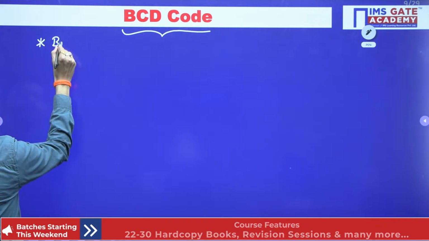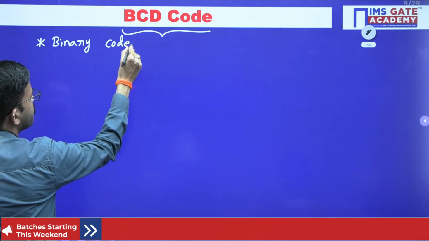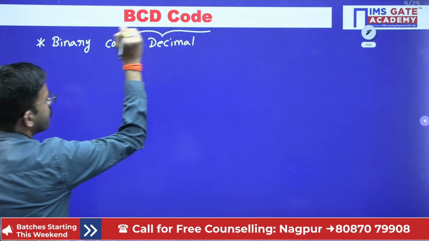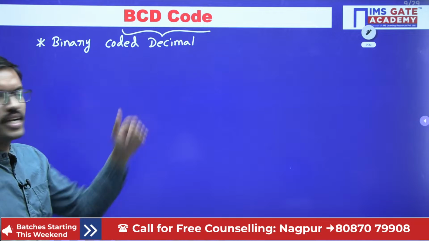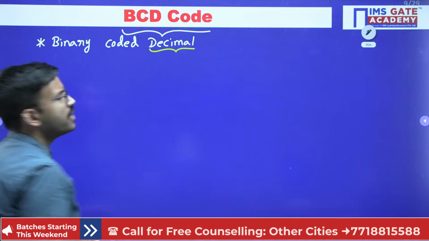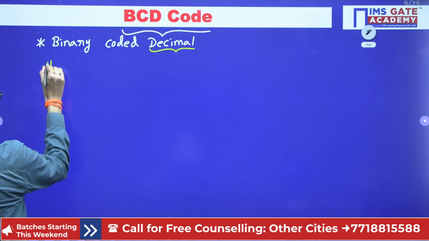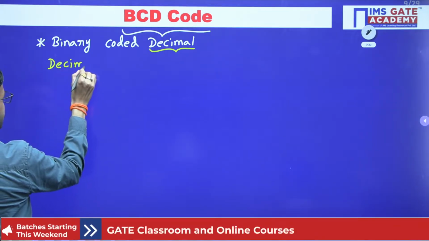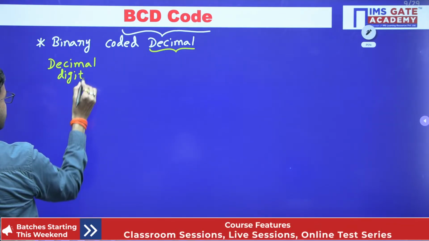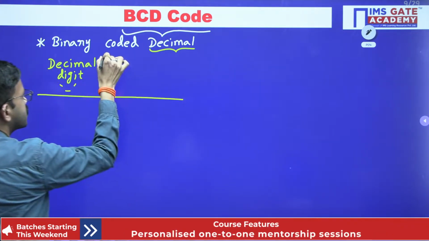BCD means binary coded decimal. So what does it mean? Here we are using a code for representing decimal digits. When you have a single decimal digit, what are the possible values you will get?